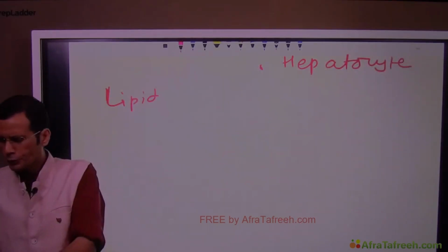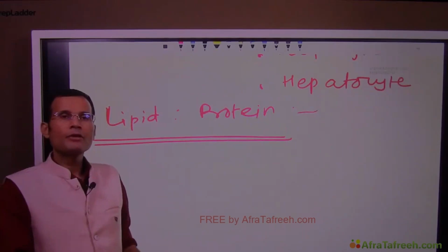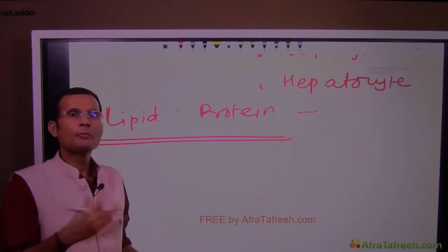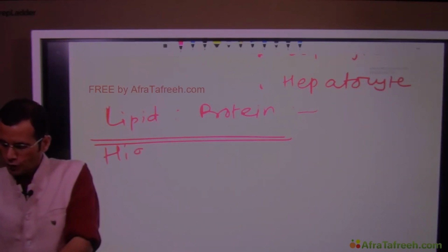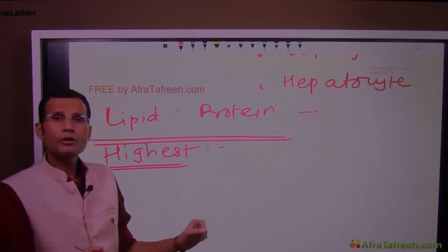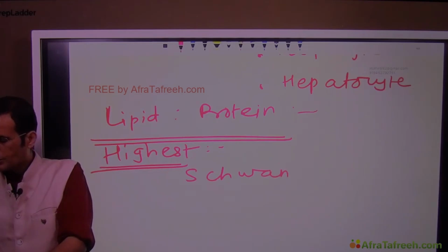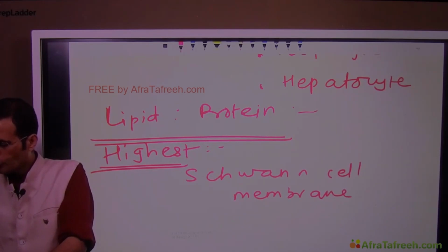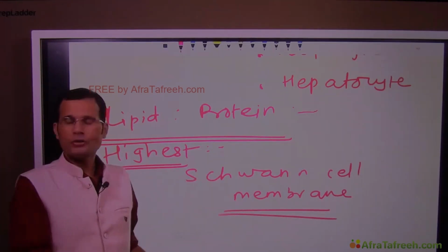Look, whichever way you look at it, lipid to protein ratio or protein to lipid ratio, the point is, in the membrane, whether it's a high lipid concentration or high protein concentration relative to each other. So, highest lipid concentration is in the Schwann cell membrane, and therefore please remember, Schwann cell, it forms the myelin around the neurons.